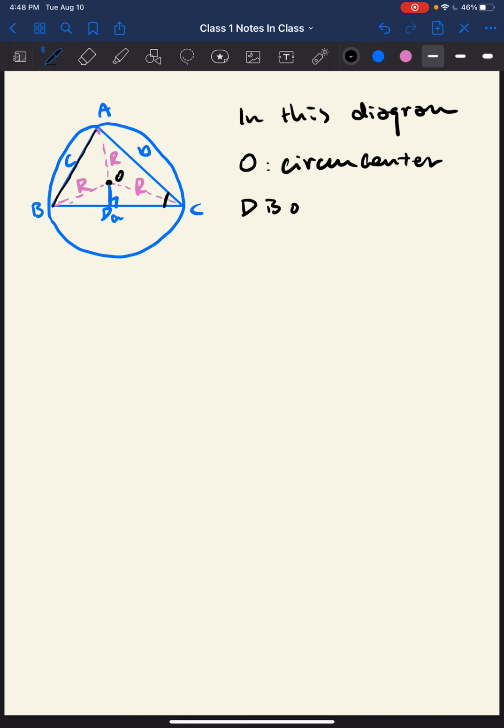D is on BC, so that OD is perpendicular to BC.